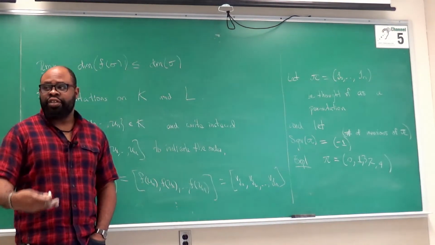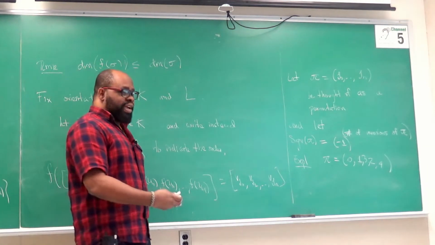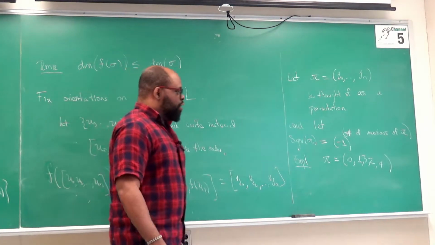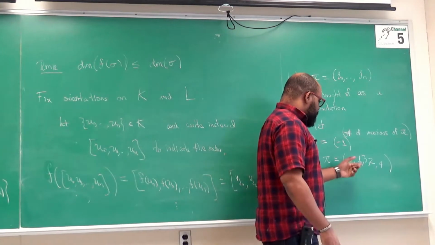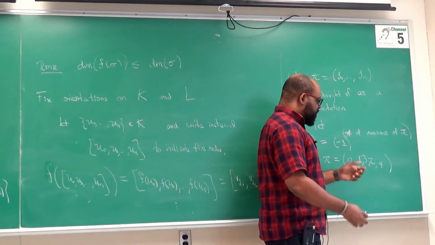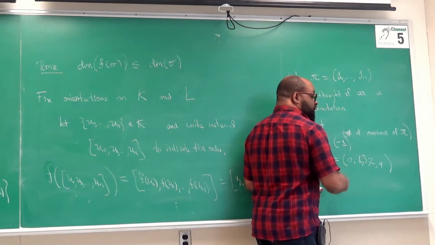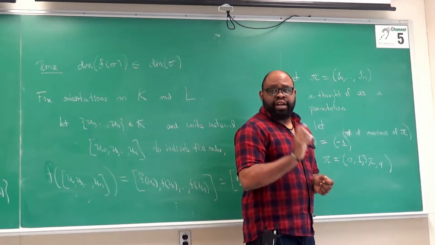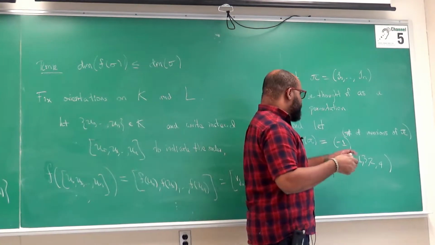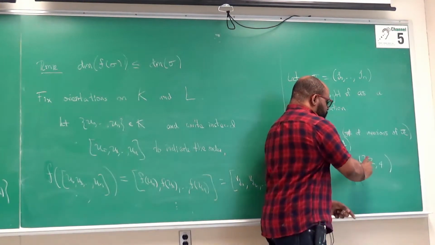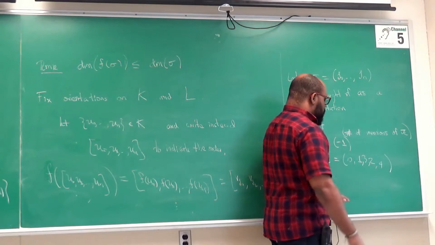Right? So say that that's the permutation I'm given after I apply my simplicial map. Now, an inversion is swapping 2 of the elements, and the number of inversions is the number of swappings that I have to do to put this in order.